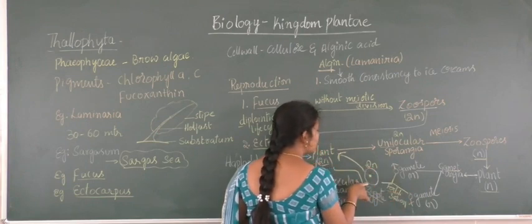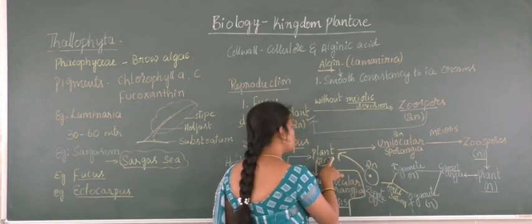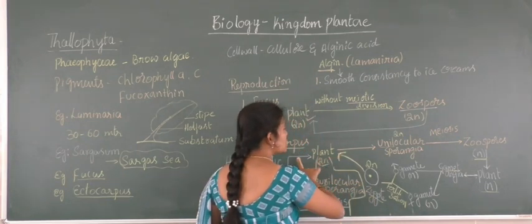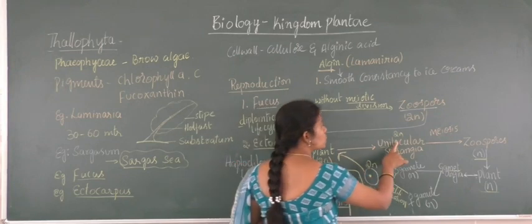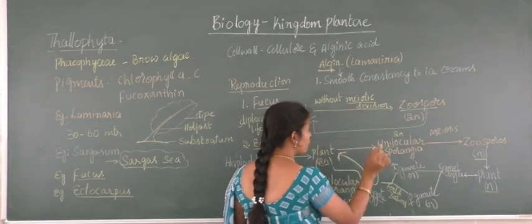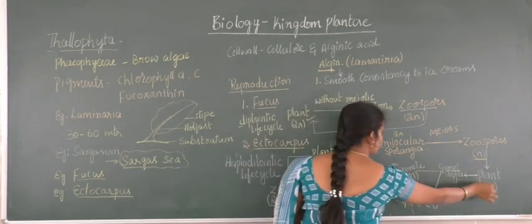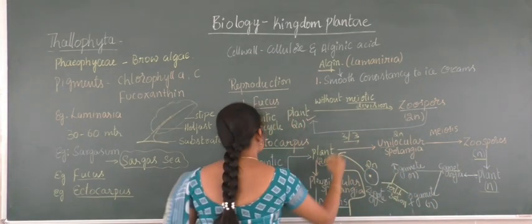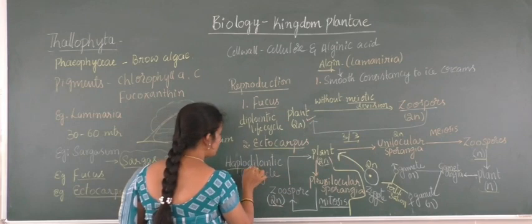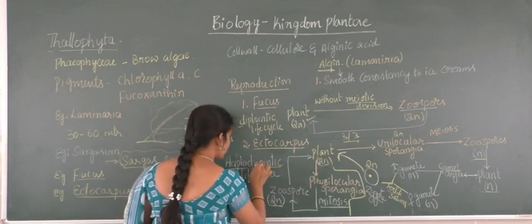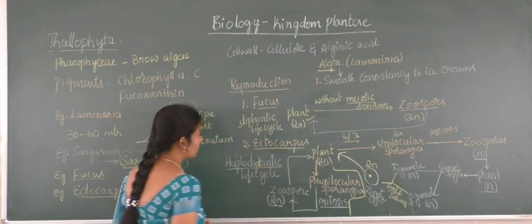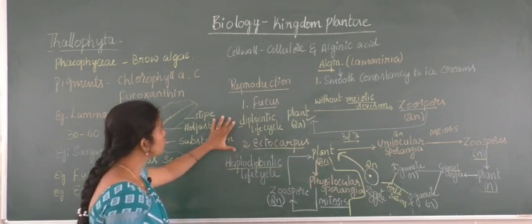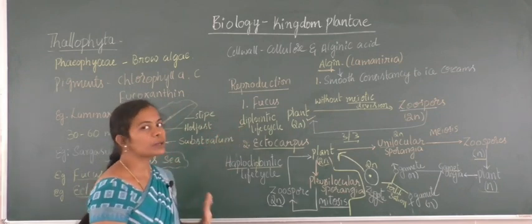So this 2n zygote will develop into a new plant body later. So it exhibits the 2n state for half of its stage, and n for the other half of its stage. That's why this is considered as a haplodiplontic life cycle. So this is about the asexual method of reproduction.